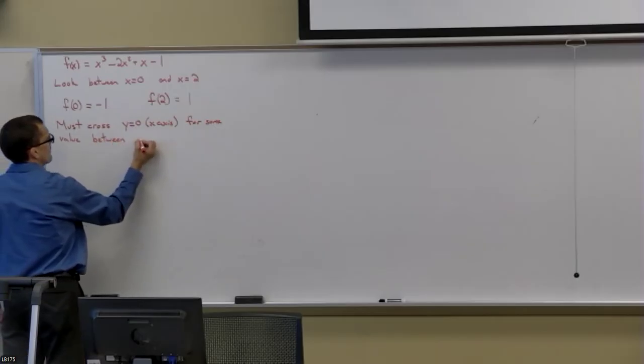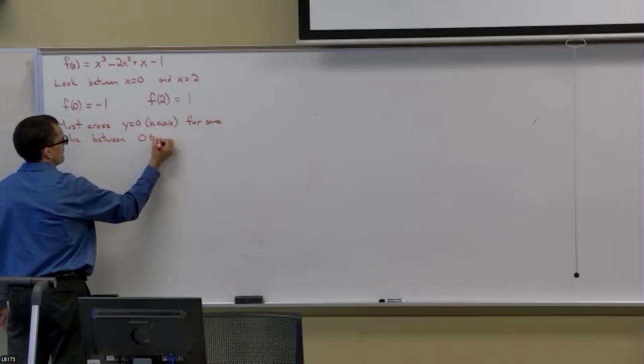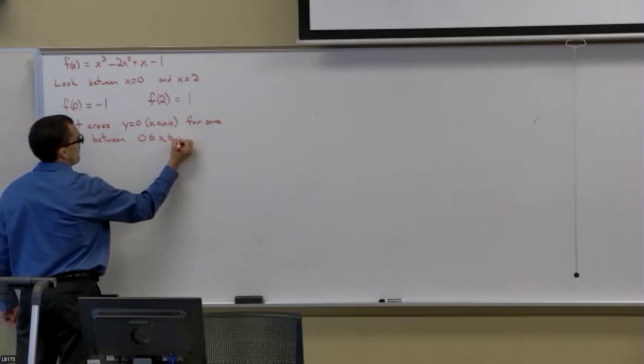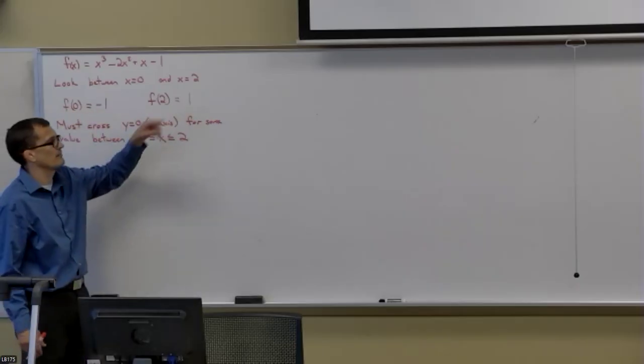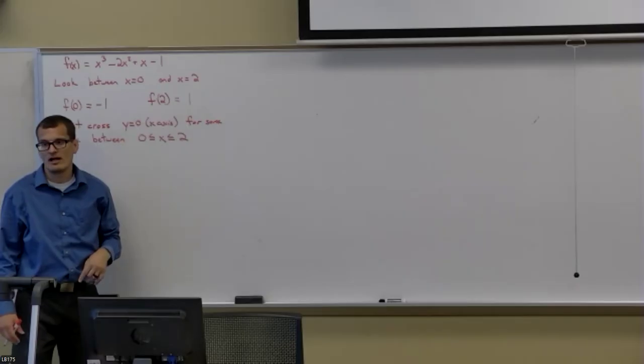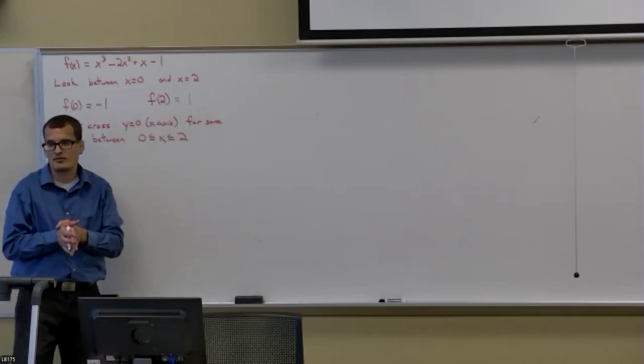I'm going to write it this way: for some x value, where x is between 0 and 2. Where would be your best guess? What would you try next? We saw plugging in 0 gave me a -1, plugging in 2 gave me a positive 1. Well, I'd probably go halfway between 0 and 2, right?